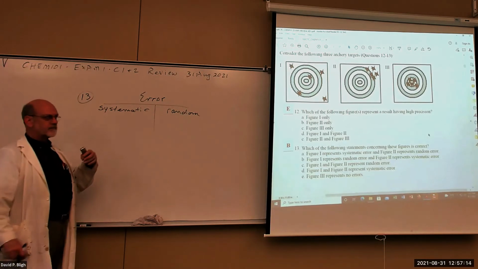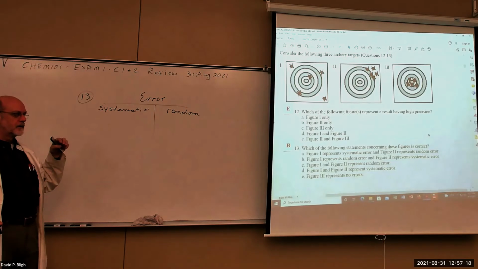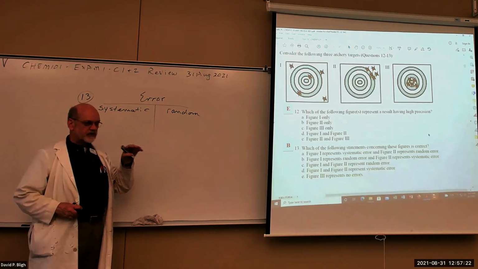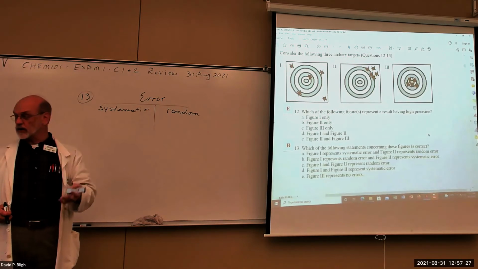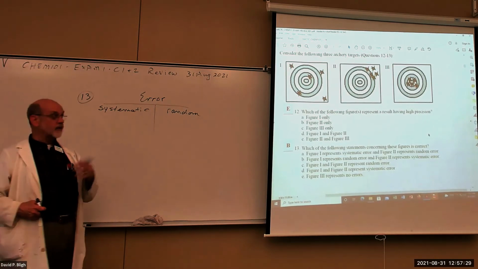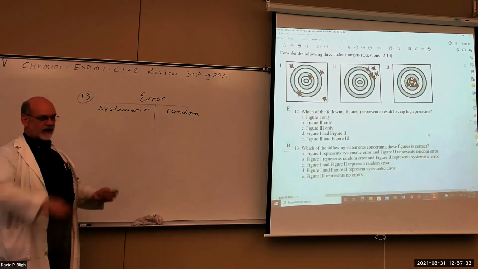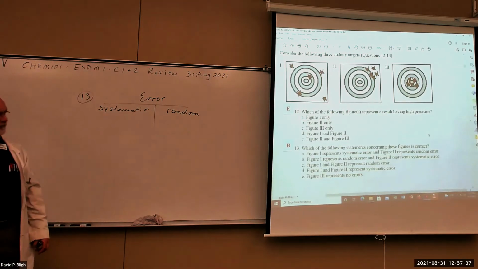It also helps you look at your data set in such a way that you don't make erroneous or wrong conclusions. It's supposed to keep you honest. So random error just goes all over the place. There's no explanation for it.